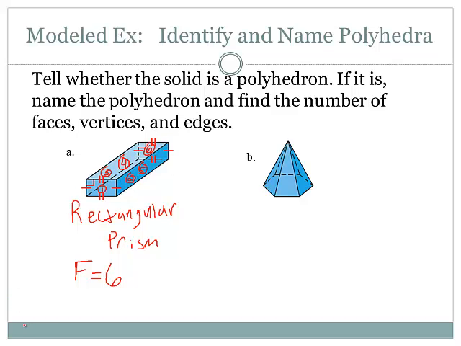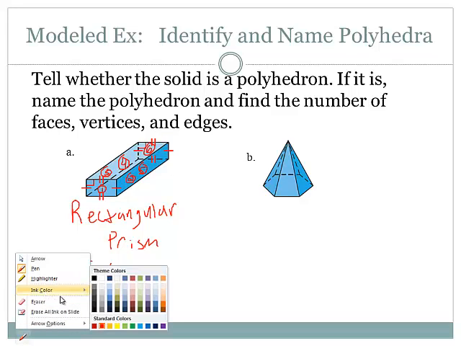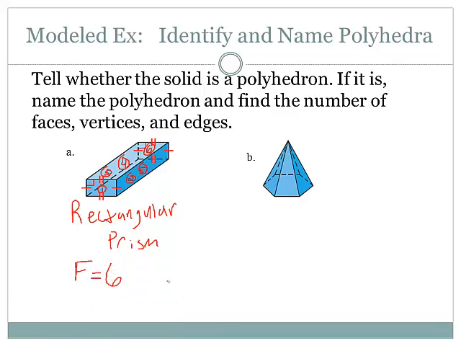And let's change colors here, and we're going to try to find the vertices. So for the vertices, I'm going to mark those in green. If we're marking the vertices, remember that's where our edges connect and where they touch. So we have one vertex there, here, here, and here. So I'm going to add those up. So that's on this face.